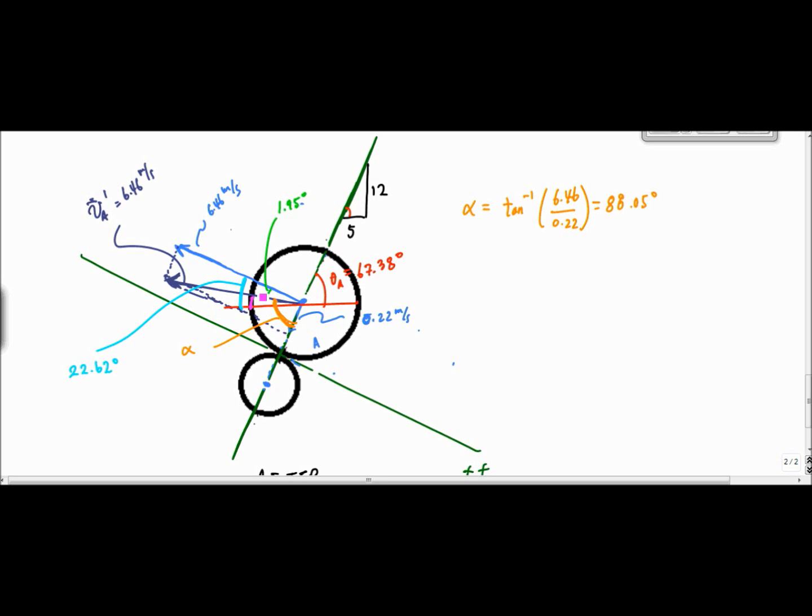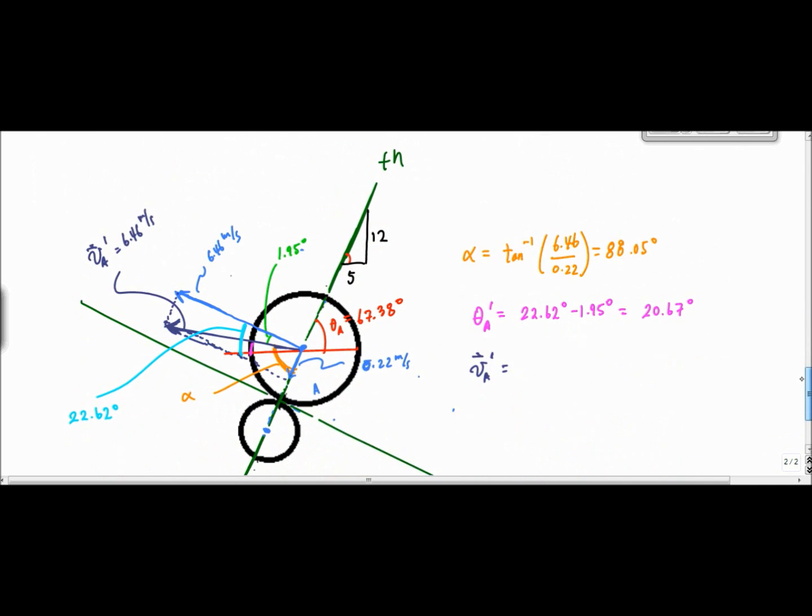This angle here in purple, theta A prime, finally is 22.62 degrees minus 1.95 degrees, and that is 20.67 degrees.